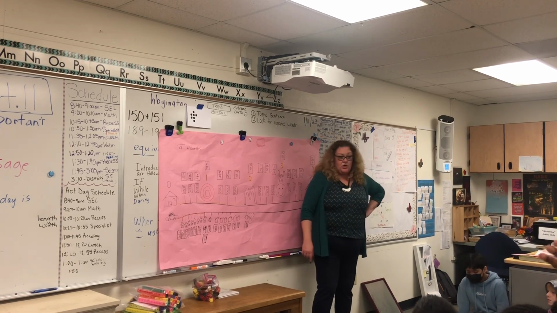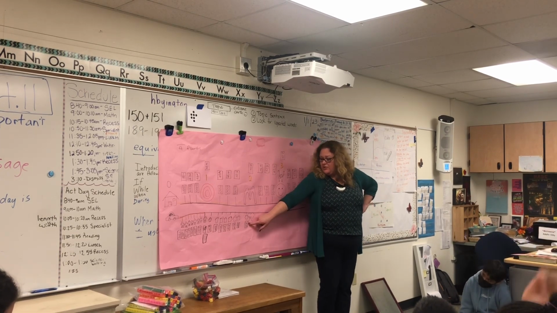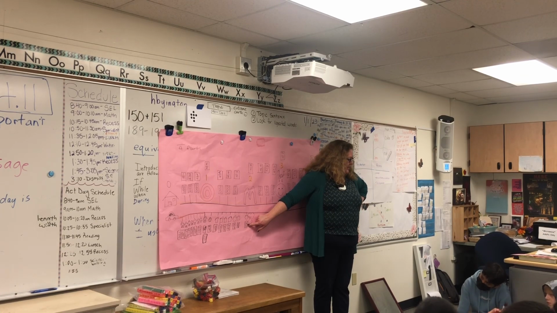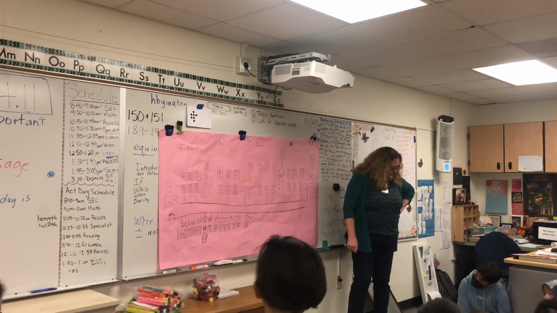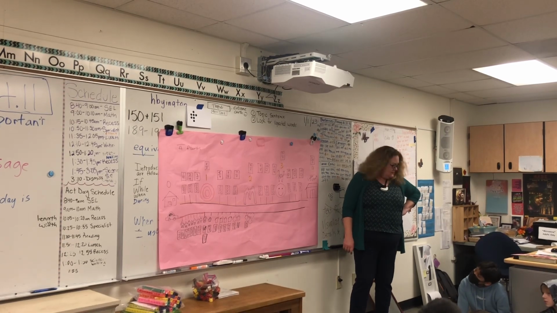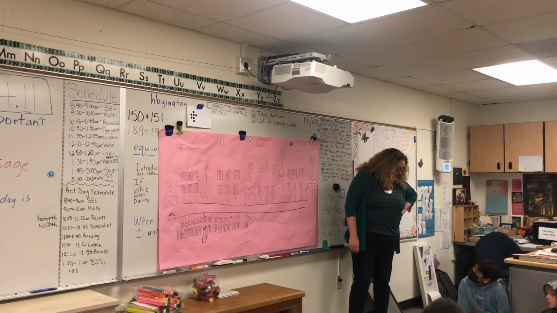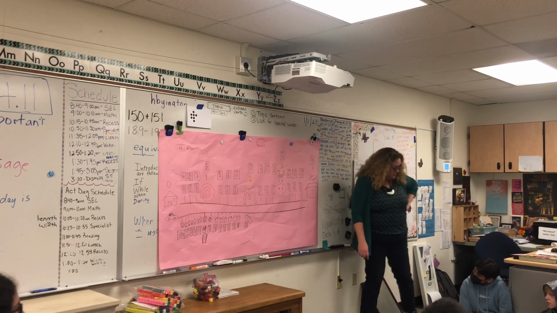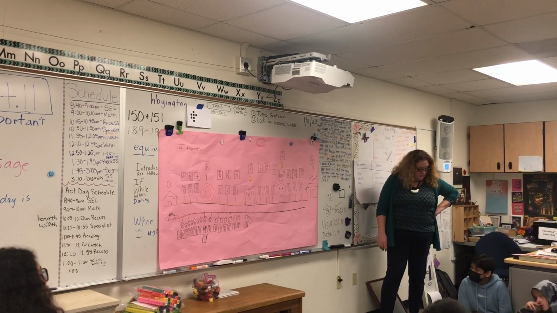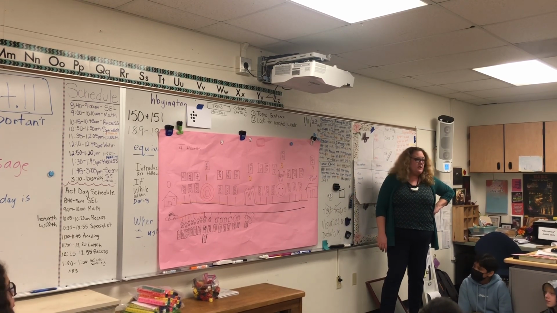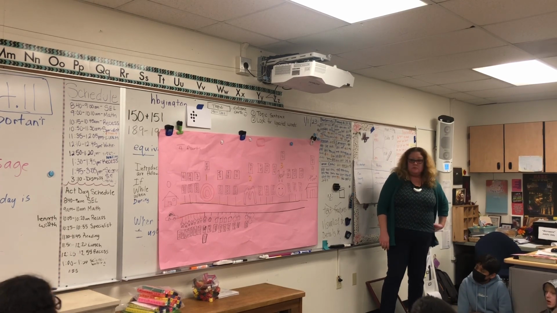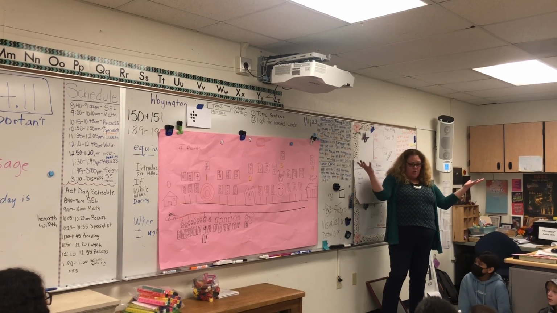Kaden, what's the other number name of this location right here? It's not only called 16 eighths, it's also called, no, it's not that. Go look. 16 eighths is also called what? 2 wholes! Good job.